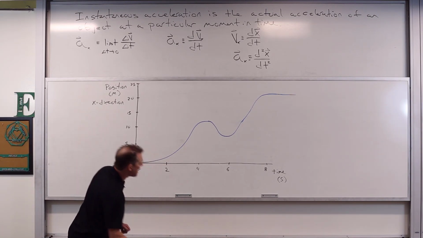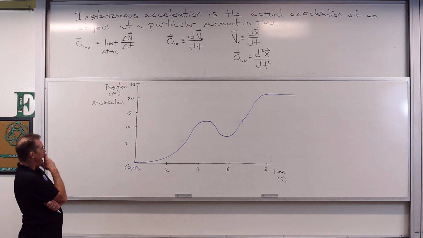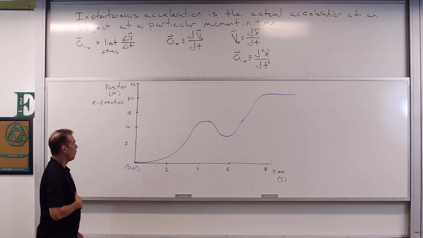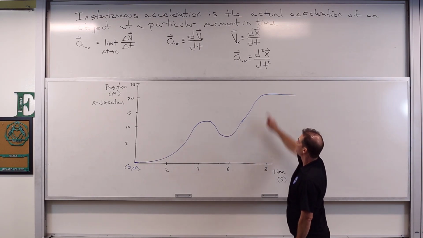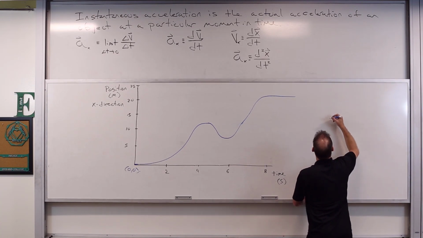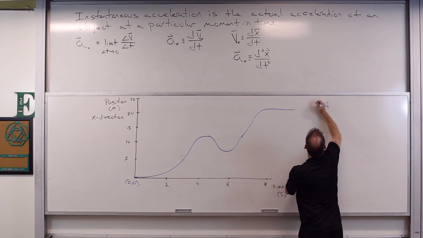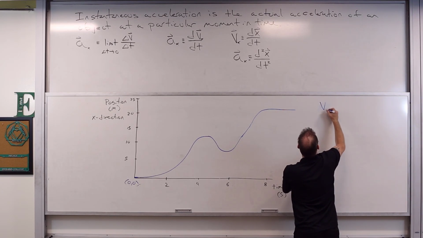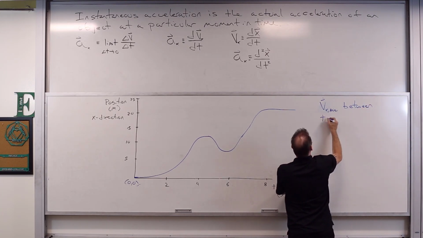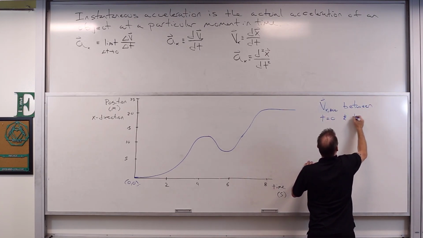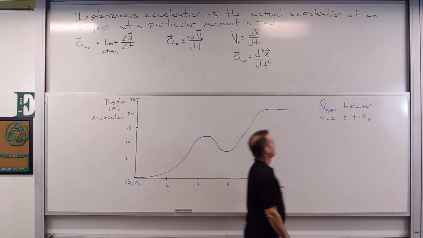So there's some seconds there, and we can start asking some questions, right? So what happens if I say, hey, what is the average velocity between t equals 0 and t equals 8? V sub x average between t equals 0 and t is equal to 8 seconds.